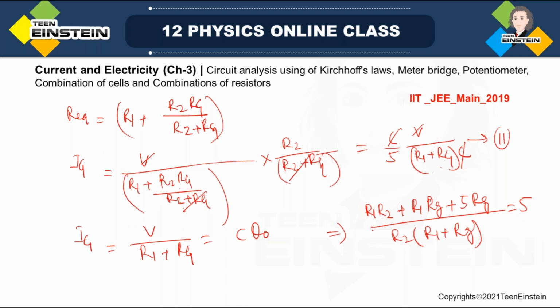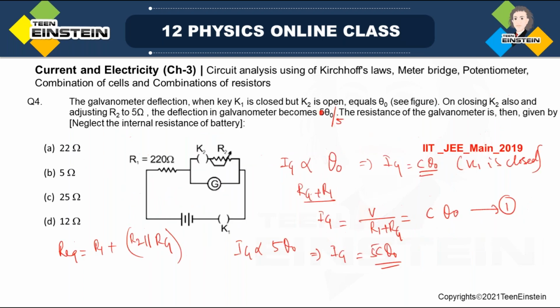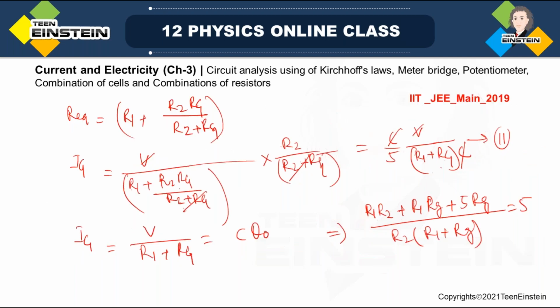Now if we put the values of R1 and R2: R1 is given as 220 ohm and R2 has the value 5 ohm. Let me do this calculation.